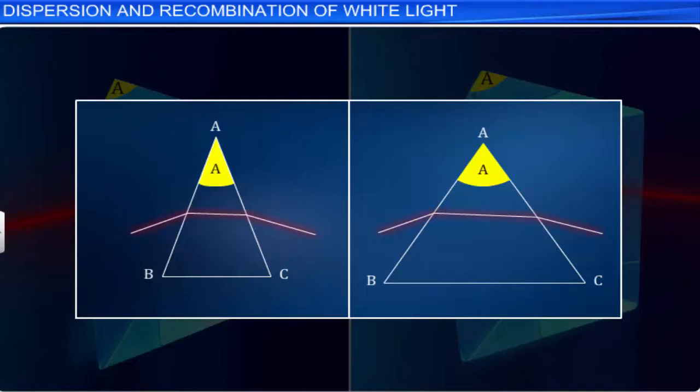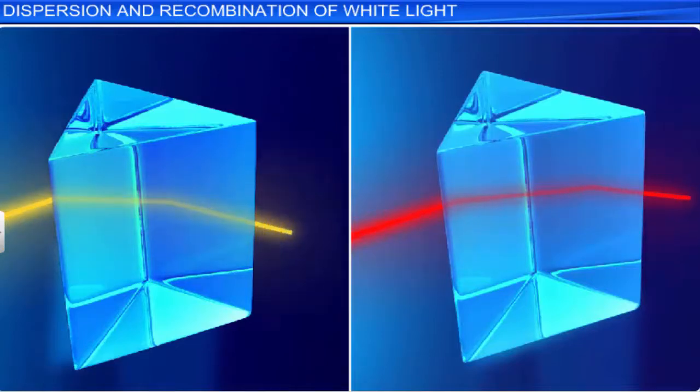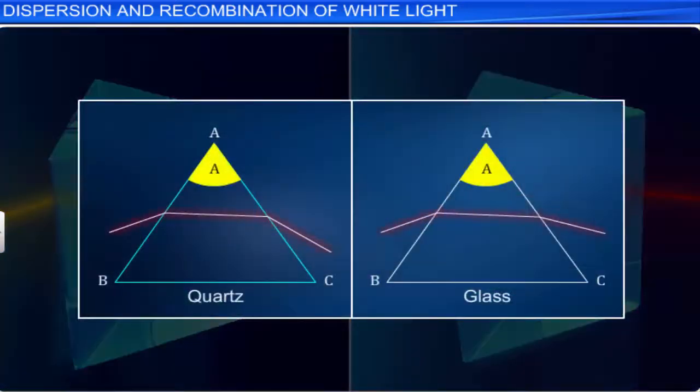This proves that the angle of deviation depends on the angle of the prism A. If we now allow lights of different colors to be incident on the prism at the same angle of incidence, then they deviate at different angles and emerge from the prism. This proves that the angle of deviation depends on the color of light too. The reason is that the refractive index of a material is different for different colors of light.